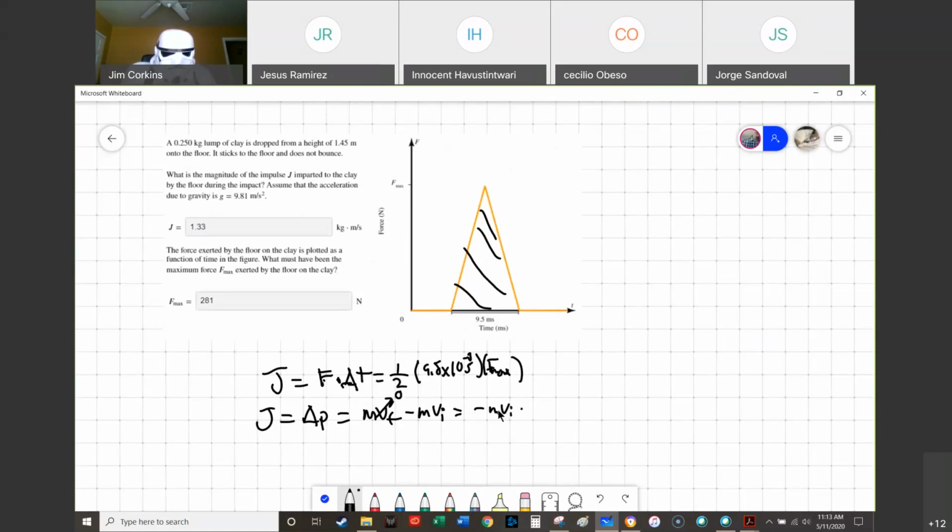But note that since the object is moving down, a piece of clay, it will have a negative velocity vector just before hitting the ground.